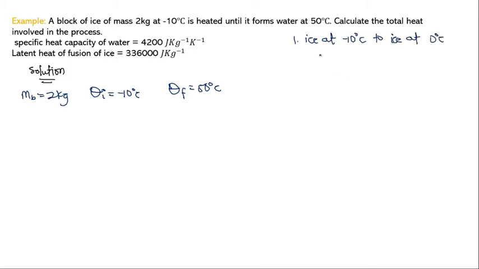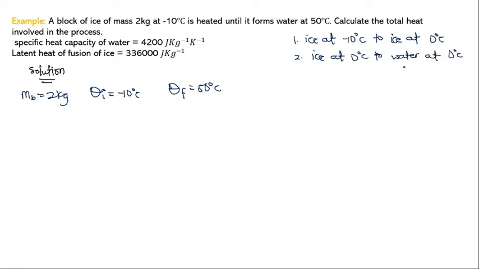Once we apply some heat to convert the ice at negative 10 degrees Celsius to 0 degrees Celsius, we now convert the ice at 0 degrees Celsius to water at 0 degrees Celsius.